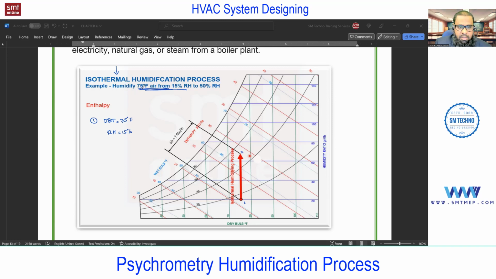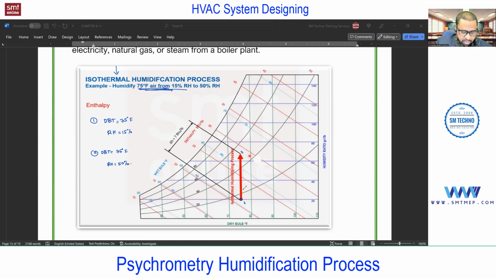Actually, with this condition only we got this point. You know how to get this point in the psychrometric chart. Now, if you talk about point 2 conditions, this is the desired condition. Dry bulb temperature is 75, the same, because it is isothermal. And the RH is 50%. That is the desired condition.